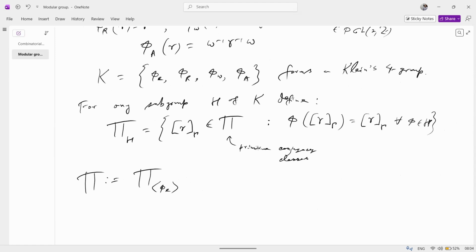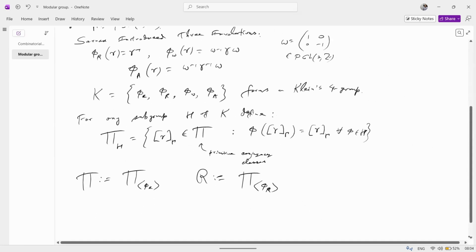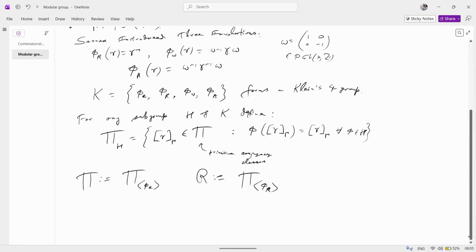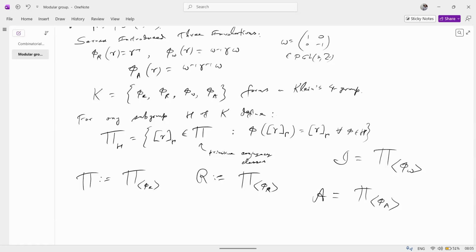The reciprocal classes, I denote it like this, are those invariant under the transformation phi of R, gamma goes to gamma inverse. That means this is precisely the classes which are conjugate to their inverses. And then you have 2 more classes, which are invariant under phi W, and ambiguous, which is phi of A.